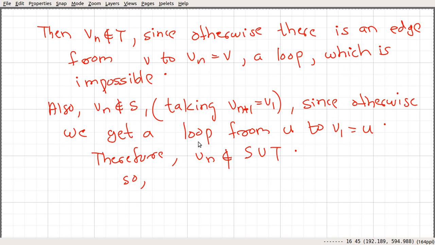And that says if we take the union of S and T, the cardinality of that union set will be strictly less than n, because Vn doesn't belong to this T and S. And that says if we take the cardinality of S union T, the cardinality is strictly less than n.